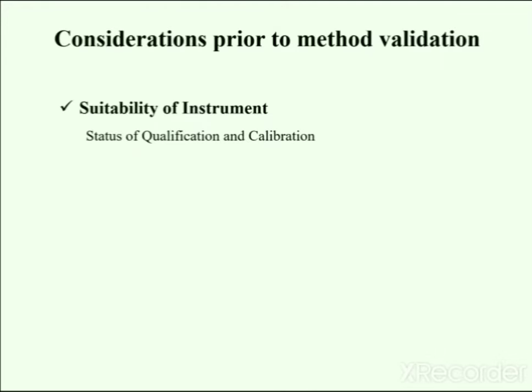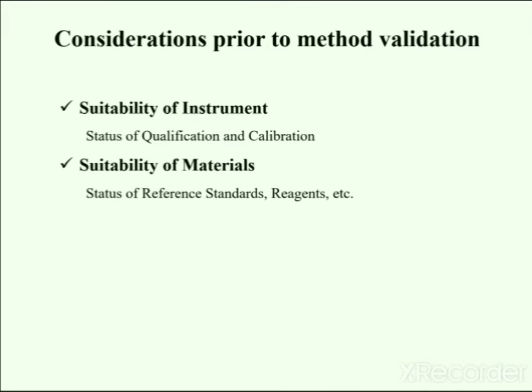Before method validation, there are various considerations which must be followed to define method development goals and acceptance criteria. These include suitability of instrument. Suitability of the instrument is important for ensuring the status of qualification and calibration of instruments. Next one is suitability of materials.